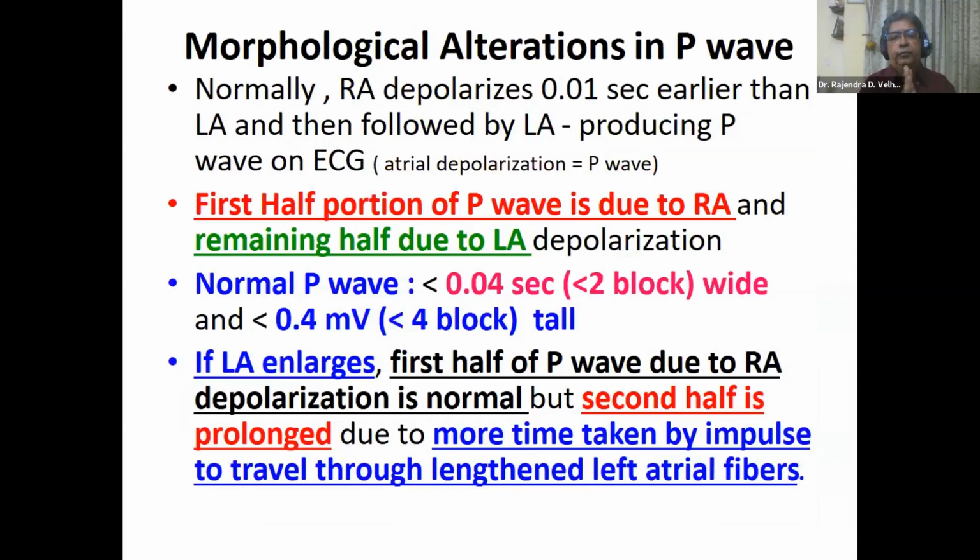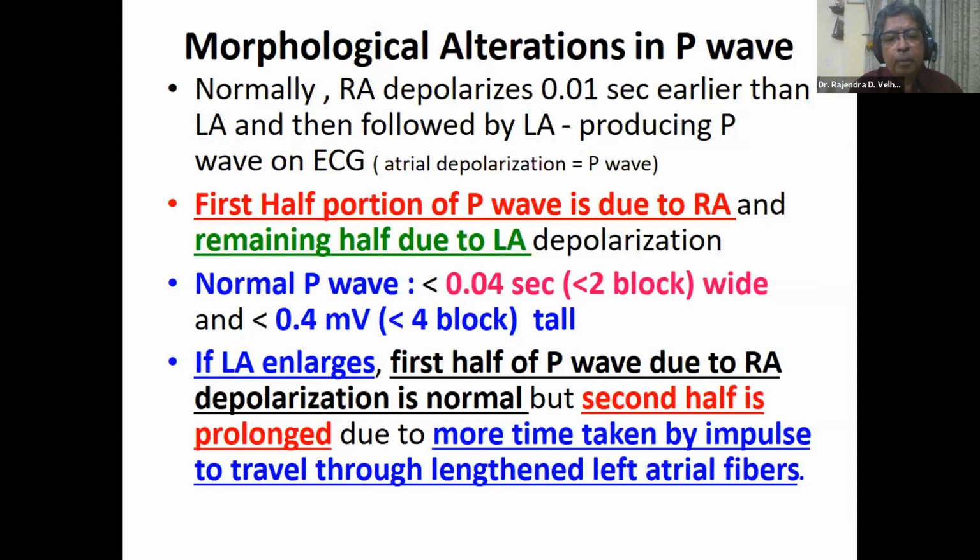Now, we'll start with morphological alterations of the first waveform, that is the P wave. Normally the right atrium depolarizes 0.01 second earlier than the left atrium, followed by the left atrium, producing the P wave on the ECG. Therefore, the first half of the P wave is due to the right atrium and the remaining half is due to the left atrium.